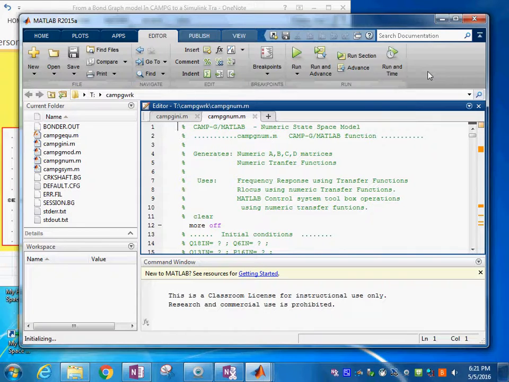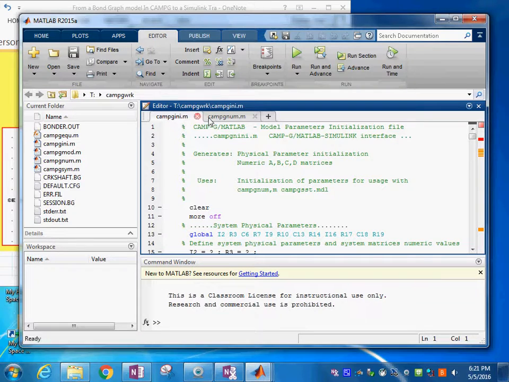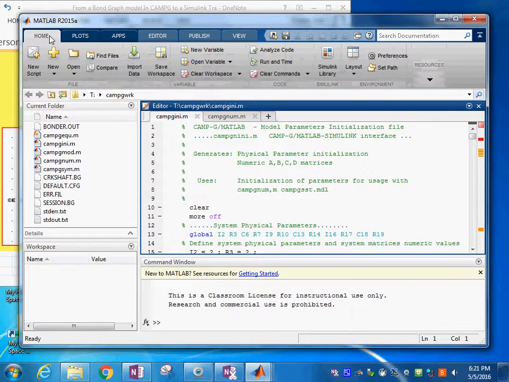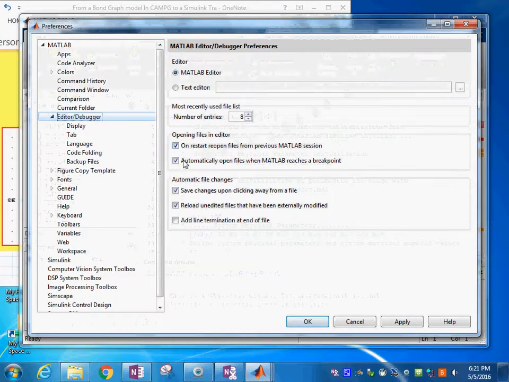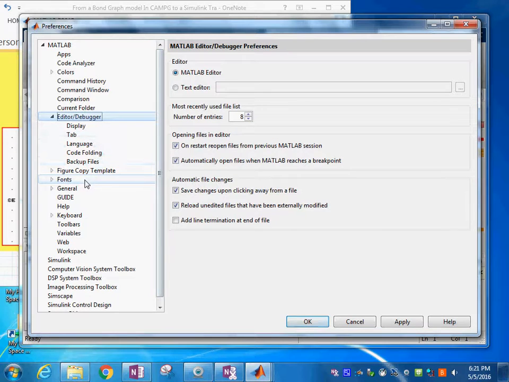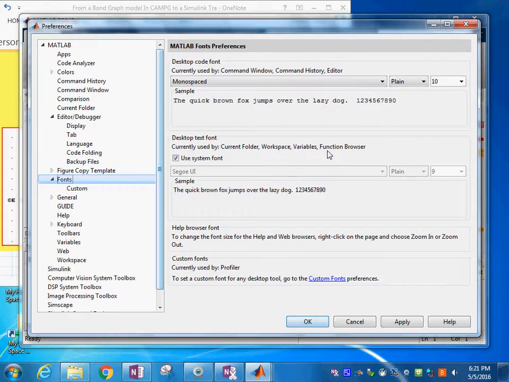Right now we have this, let me just show you. Now you have only two files on this interface with CAMG and Simulink. So let's see what it's doing. I think what we need to do is, let me see if I get the preferences here to modify the display in such a way that you can see it better.